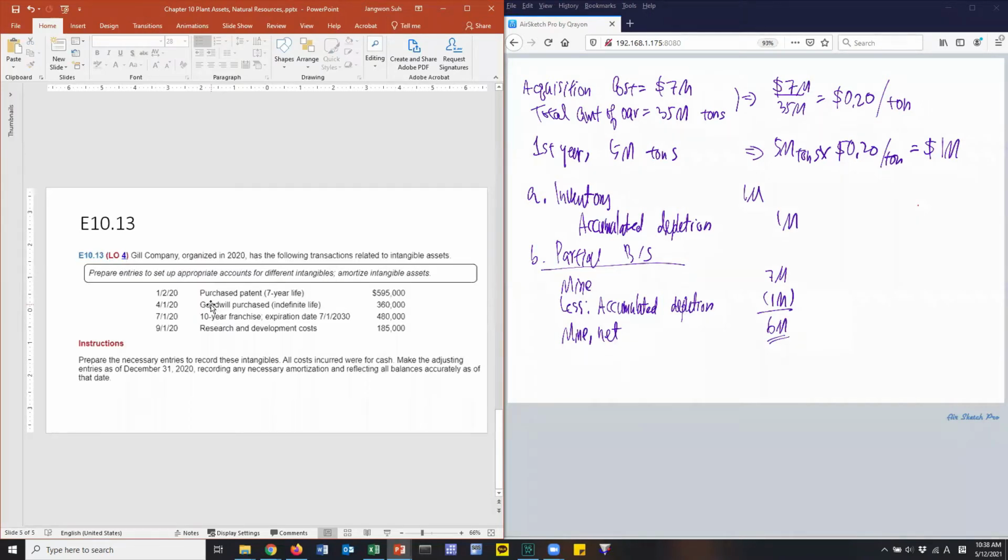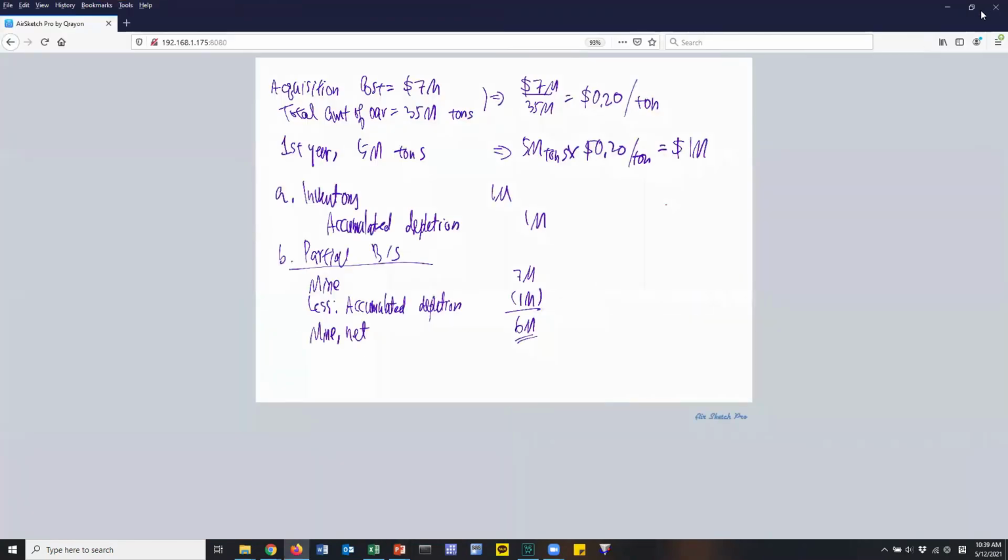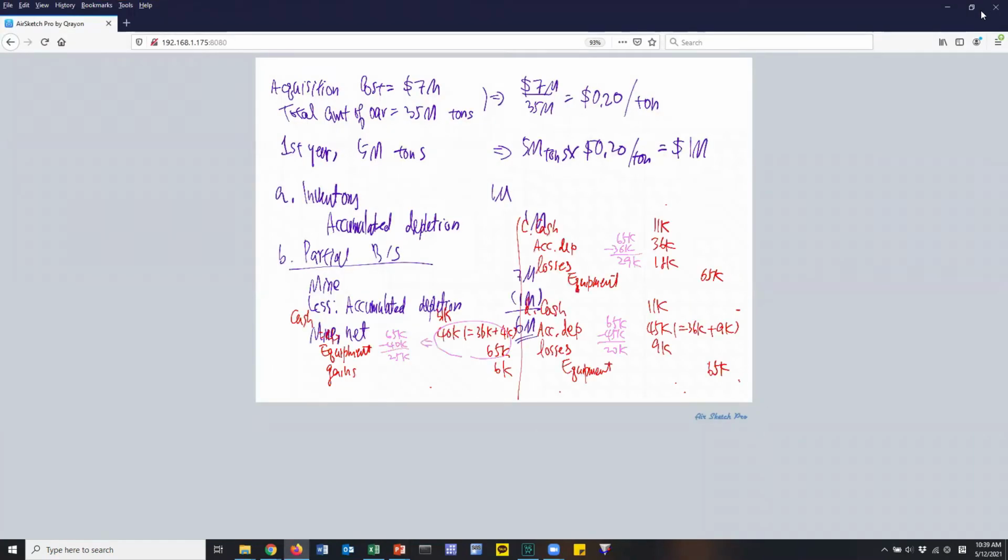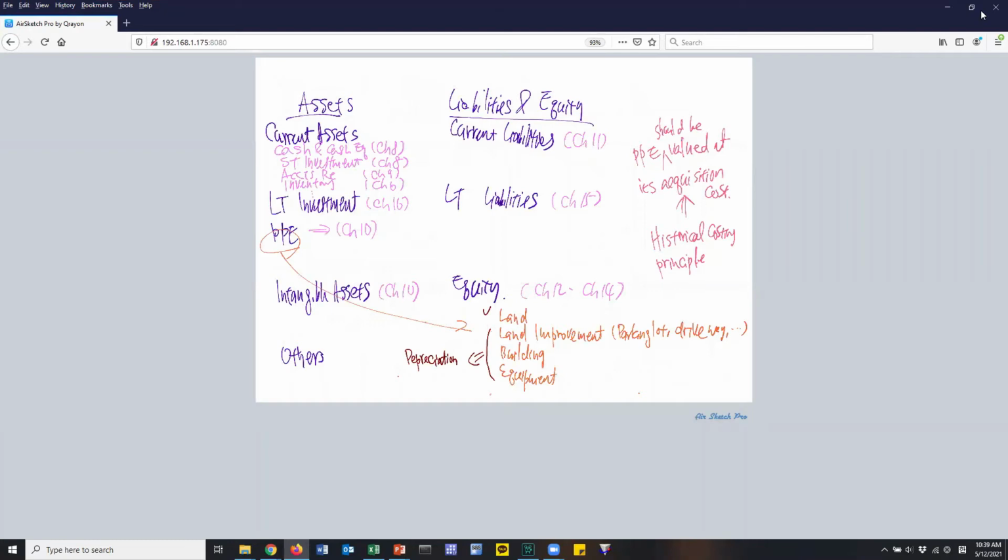And then the last topic left undiscussed in the asset part is intangible assets. Right. Then what do we have as intangible assets?